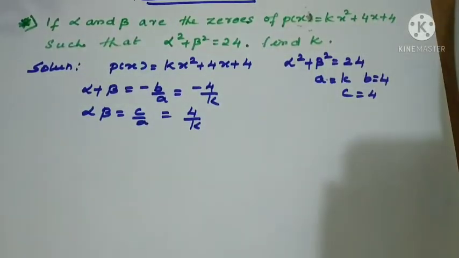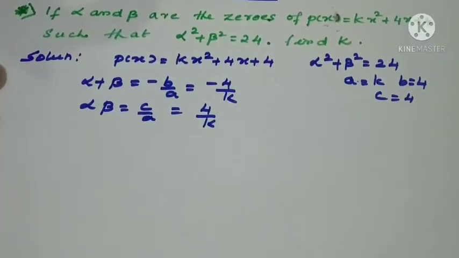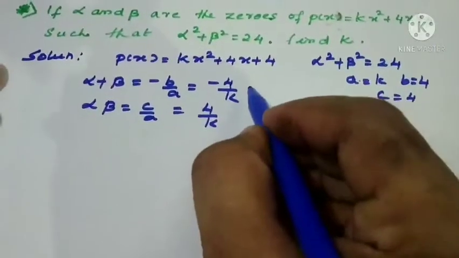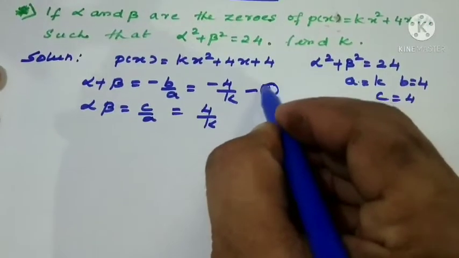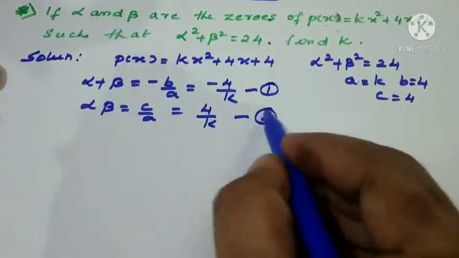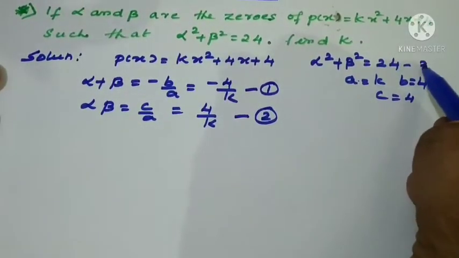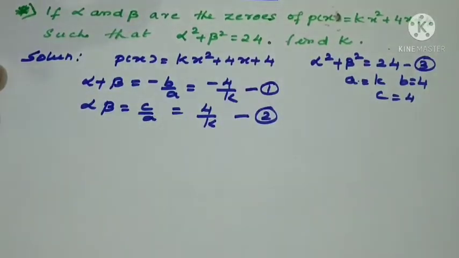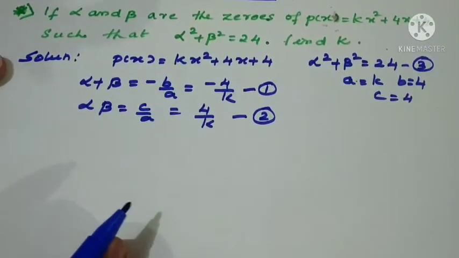So we got sum of the zeros as minus 4 by k and product of the zeros also equal to 4 by k. Now which are the three equations we are having? First equation alpha plus beta, second equation is product of the zeros, and third equation, given in the question, alpha square plus beta square equal to 24.